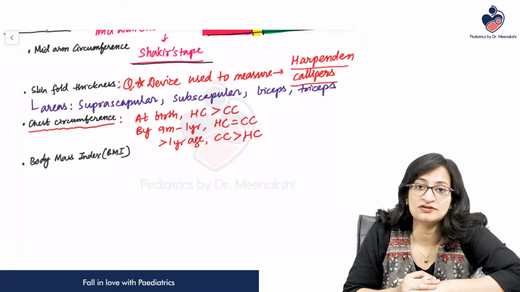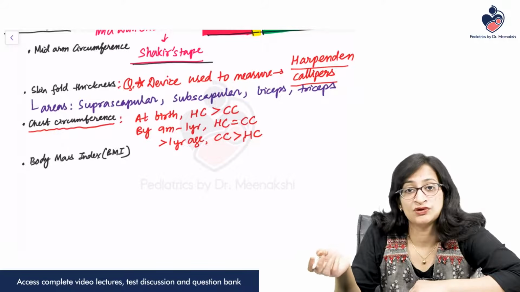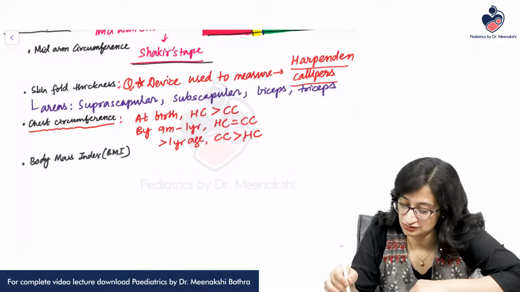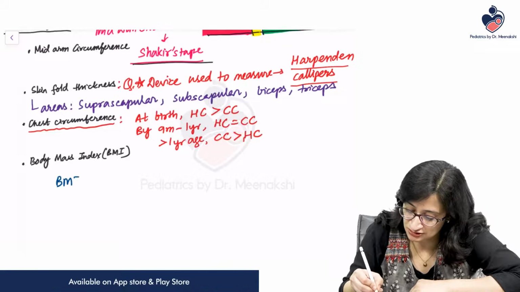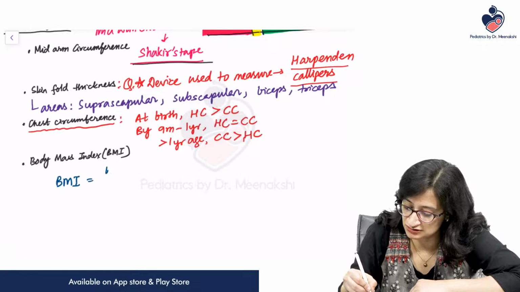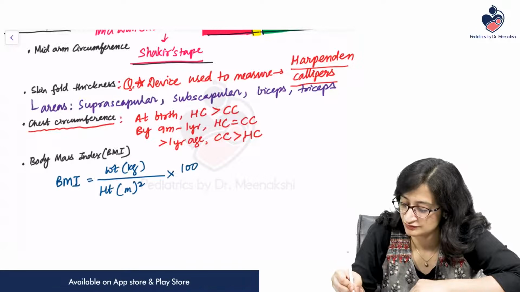Now what about the body mass index? The body mass index depends upon both the weight of the child as well as the height of the child. We need to know the formula of body mass index, because sometimes that is asked in the MCQs. The body mass index is weight in kgs by the square of height in meters into 100.